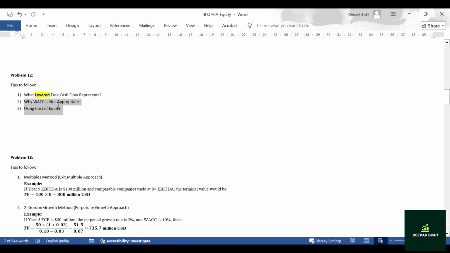And why is weighted average cost of capital not appropriate when discounting levered free cash flow? Weighted average cost of capital is used when discounting unlevered free cash flow, because unlevered free cash flow is the cash flow available to all capital providers, both debt and equity holders.